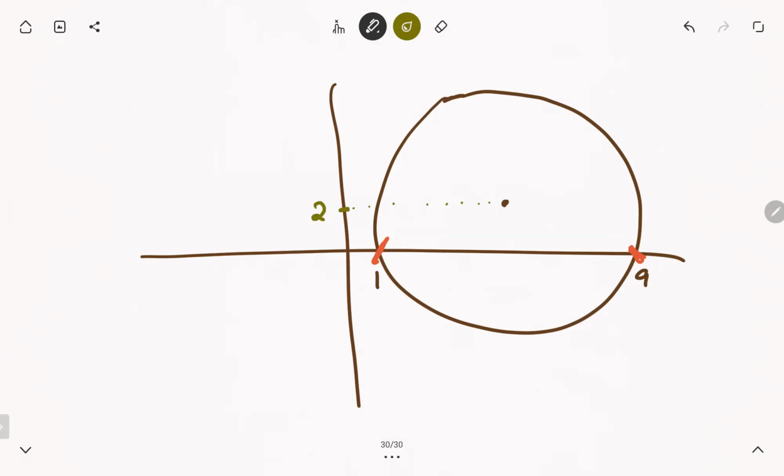The y coordinate of the center C we only know, we don't know the x coordinate. Can you tell me the equation of this circle? Or can you tell me the coordinates of the center, or the radius? Who can tell me the coordinates of center?